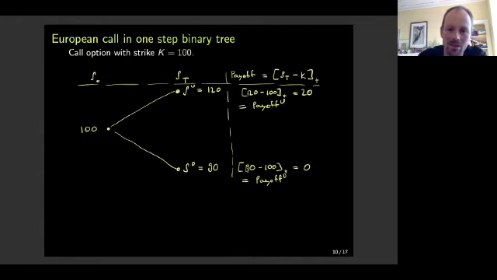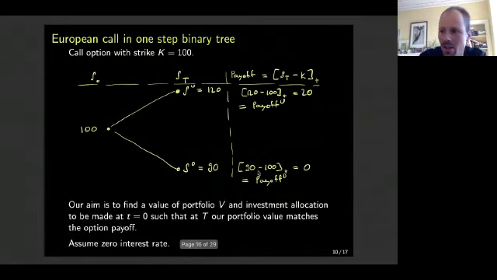When the price goes down, well, I can buy something worth 90 for 100, but I don't have to, so I'm not going to do it. So in that case, my payoff is 0. So we've got 100, which is the price now, the price that it could have gone up to in our model, the price it could have gone down to, and the two payoffs, 20 and 0.